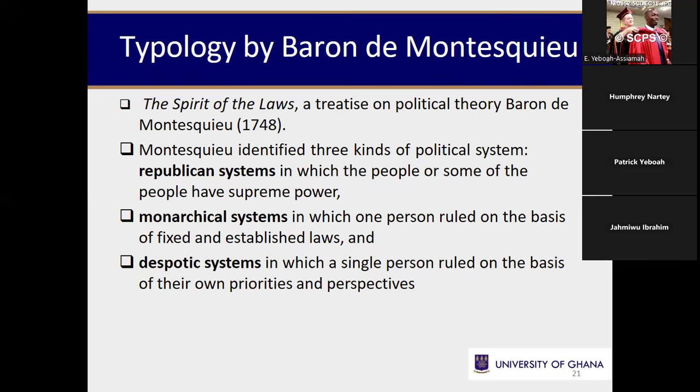We mentioned that comparative politics is about assessing different cases, it could be countries, to know their similarities and differences. So he observed different countries, and he noted that in some countries, the citizens or the greater majority of them have power.